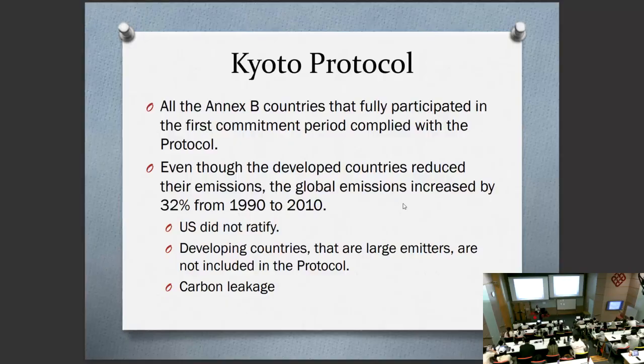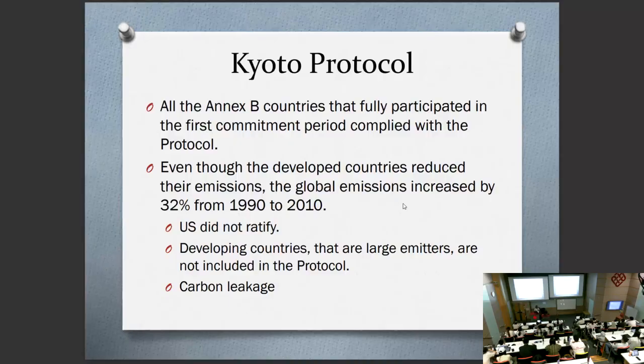First of all, the US did not ratify their reduction commitment. And the US by that time was responsible for a quarter, around 25% of the emissions. And second, developing countries are also large emitters, including China, and they are not included in the protocol.